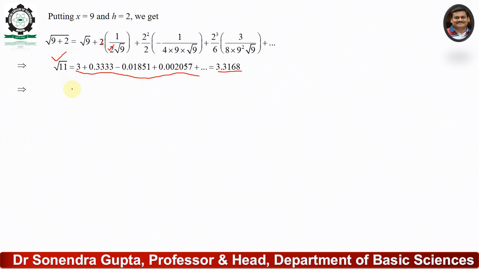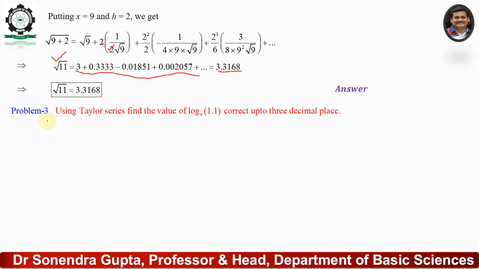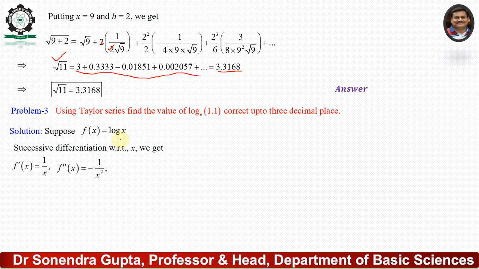Okay, now the next question is question number 3. Using the Taylor series, find the value of log 1.1 correct up to 3 places of decimal. This is one of the most important questions asked in the examination. Now suppose f of x equal to log x. Again we differentiate with respect to x successively: f dash of x equal to 1 upon x, f double dash equal to minus 1 upon x square, f triple dash equal to 2 upon x cube, and so on.